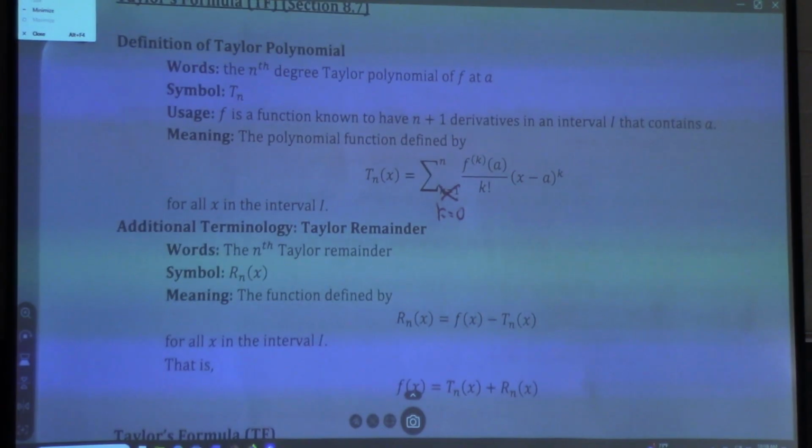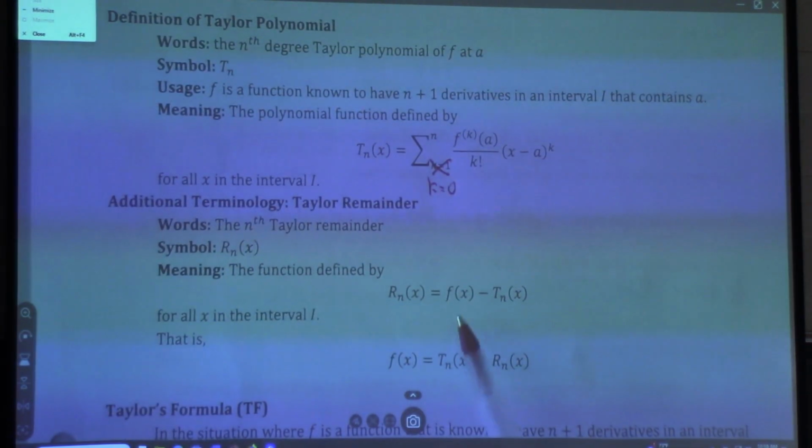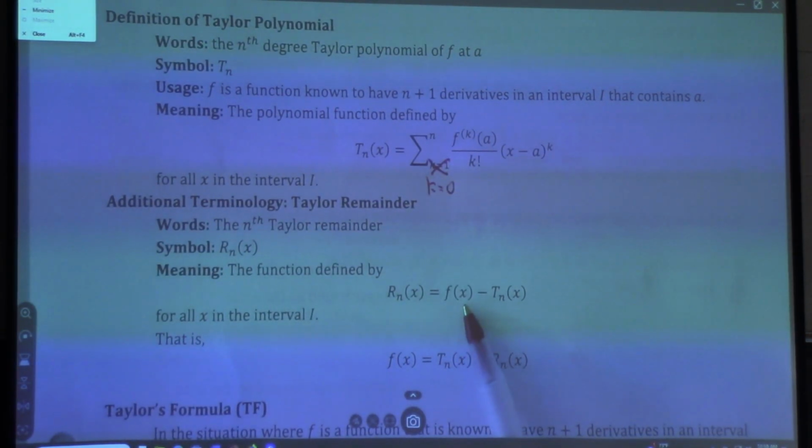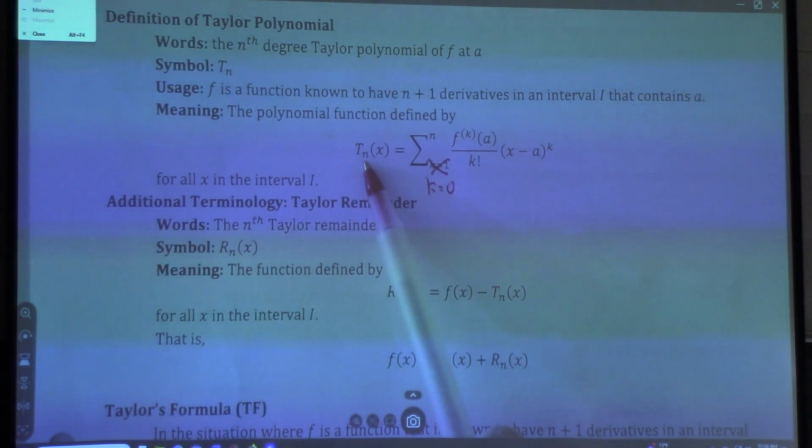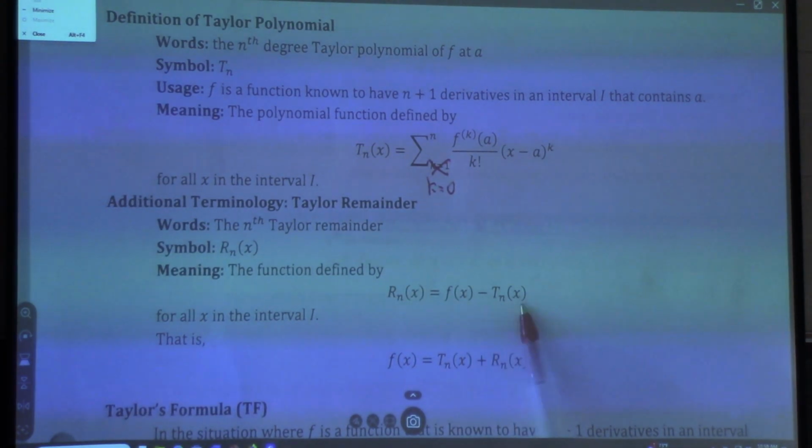Now we can think about this. I've got some function that I use to build this Taylor polynomial. The Taylor polynomial is T subscript n, and it's not going to be the same as the function in general. So the question is, what's the difference? The letter R in this setting is different from the use of the letter R on the previous page.